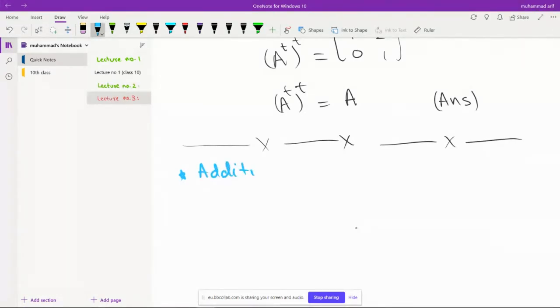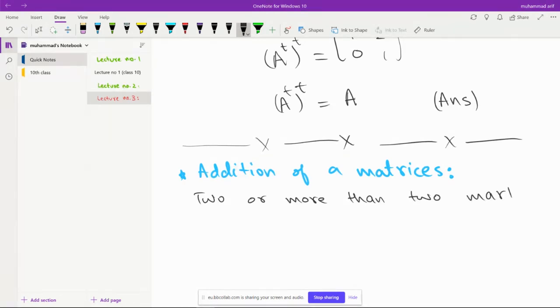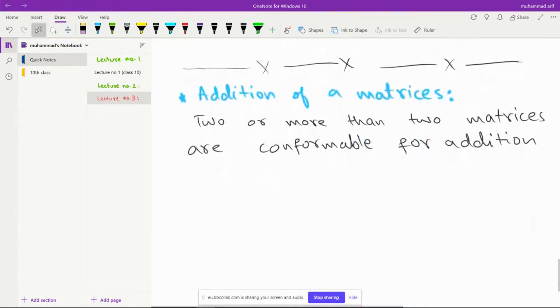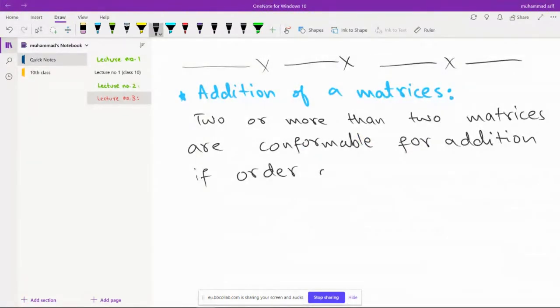Addition of matrices. Two or more than two matrices are conformable for addition if the order of the matrices is the same.